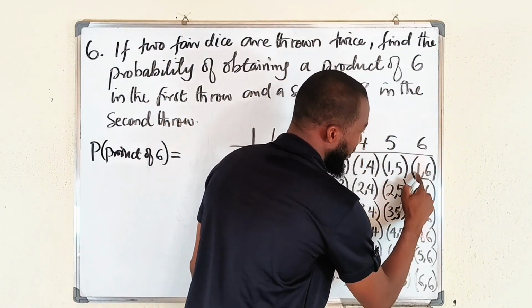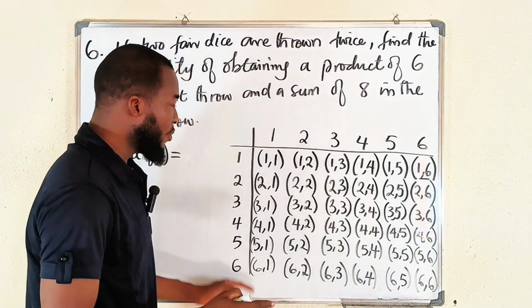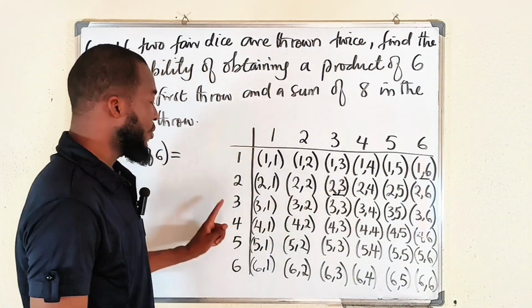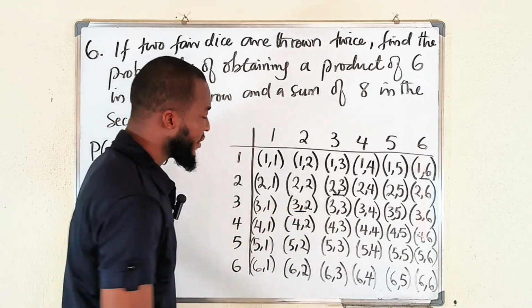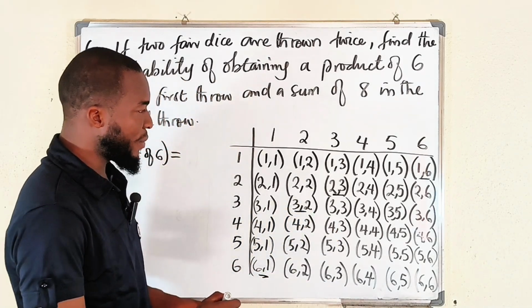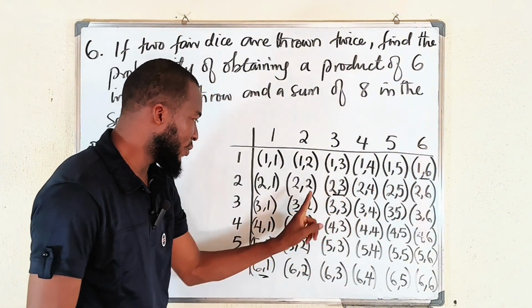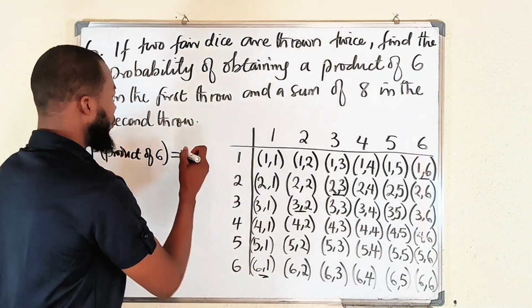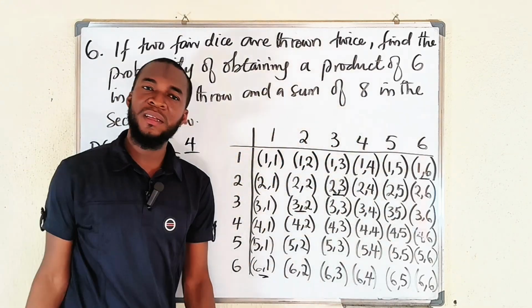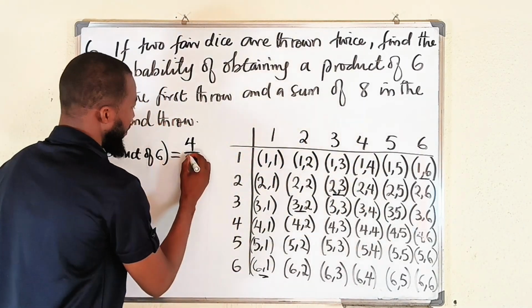And 2 multiplied by 3 will also give us 6. 3 multiplied by 2 will also give us 6. And 6 multiplied by 1 will give us 6. So how many altogether do we have? 1, 2, 3, 4. So we have 4, right? Out of what? Everything here is 36.